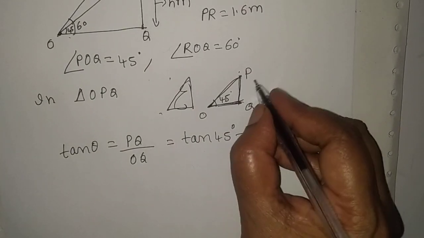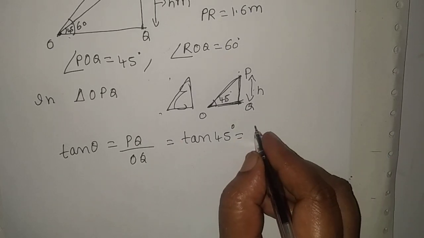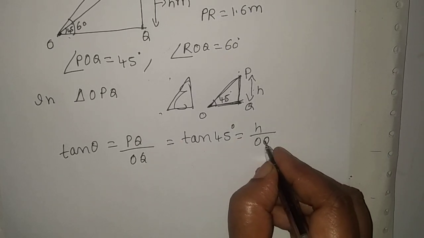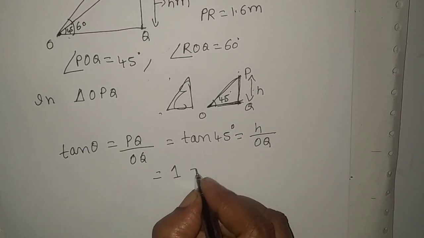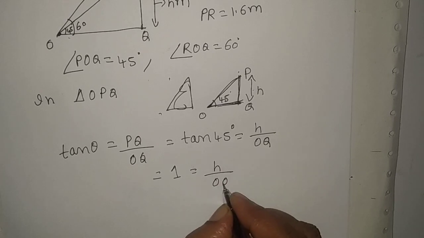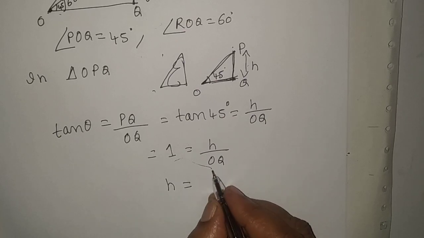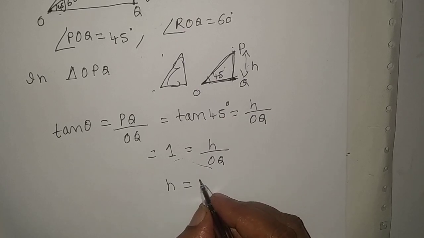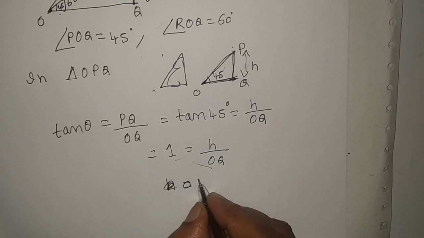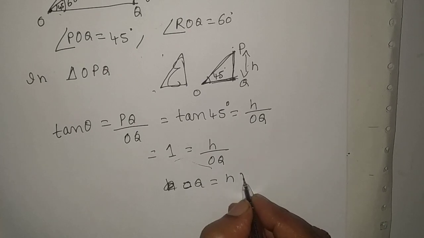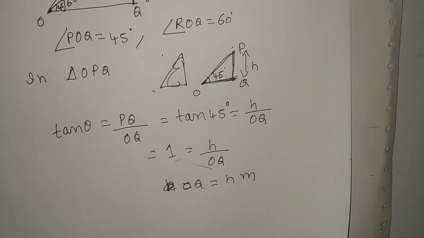PQ we have the height H. This only we have to find out. So H by OQ, we don't know. Tan 45 is 1, so 1 equals H by OQ. Cross multiply, H is equal to OQ. Therefore, we have OQ as H meters.